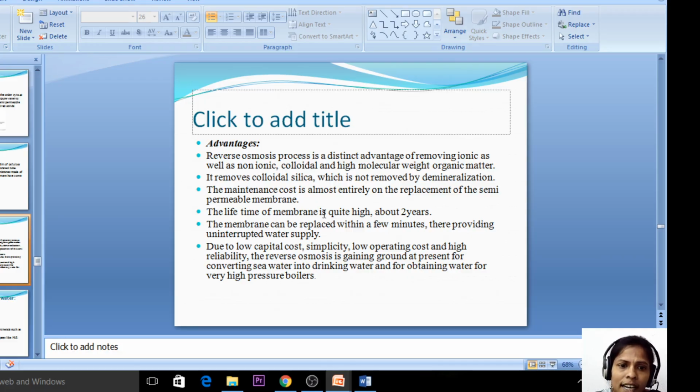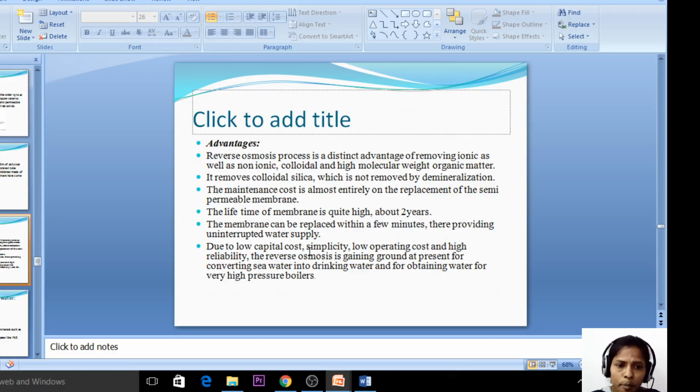The maintenance cost is almost entirely on the replacement of the semi-permeable membrane only. The lifetime of the membrane is quite high, about 2 years. The membrane can be replaced within a few minutes, thereby providing uninterrupted water supply. So the replacement is also very easy; within a fraction of a minute we can replace the semi-permeable membrane.